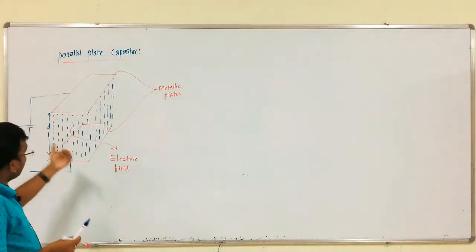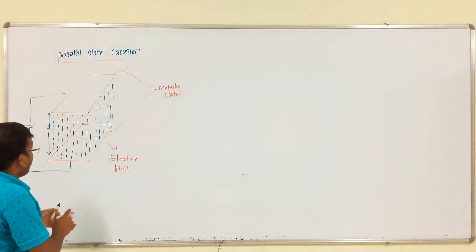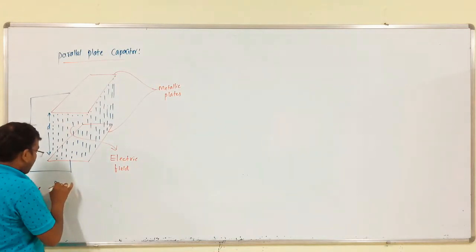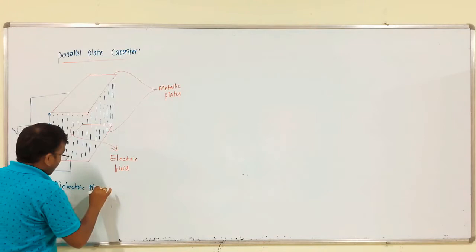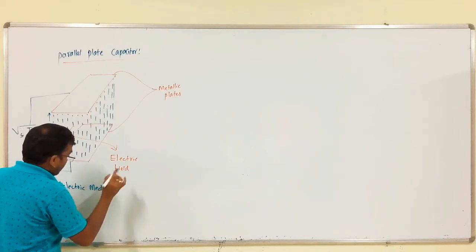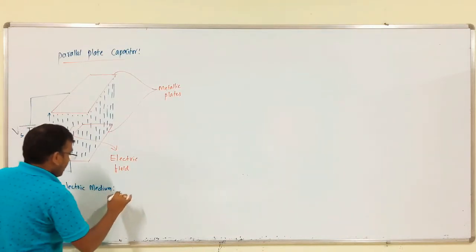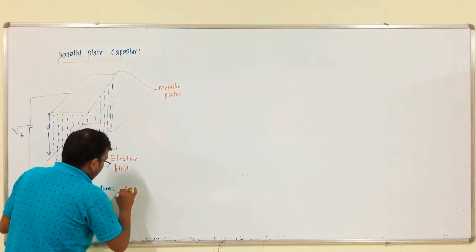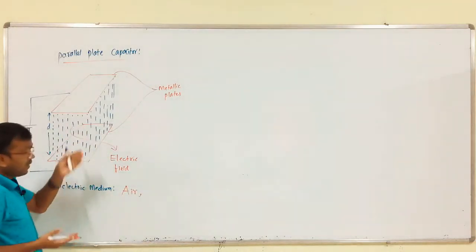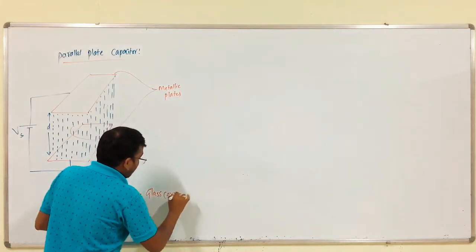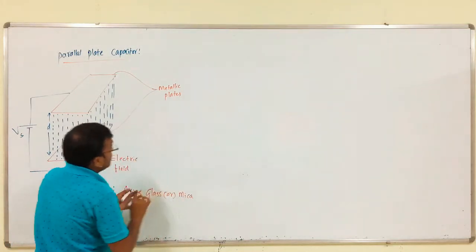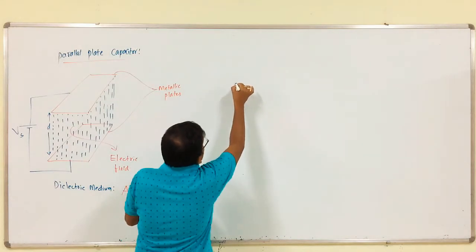In between these two we have electric field and we have a dielectric medium. That medium may be air, here we have air, glass or mica.